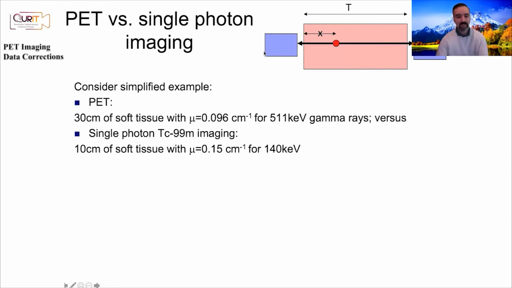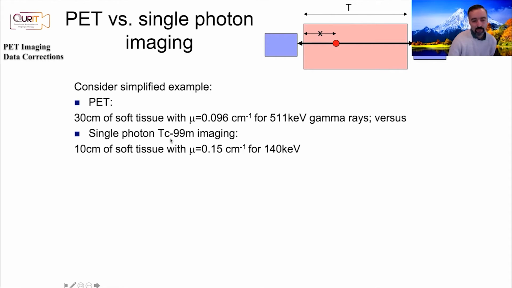Now let's look at another interesting scenario where we compare numbers, to get some intuition for PET versus single photon imaging. Again, simplifying things to soft tissue only, taking this 30 centimeters of soft tissue, thinking about the body. So this is a number we already had.